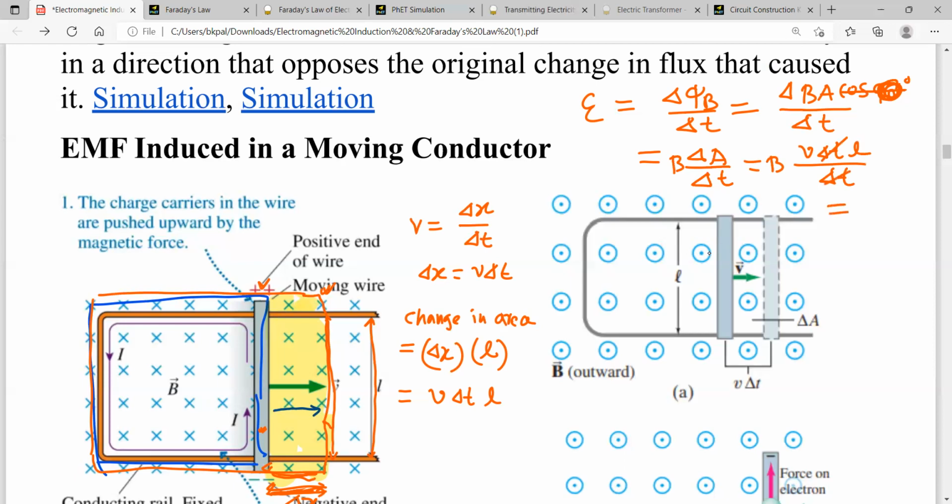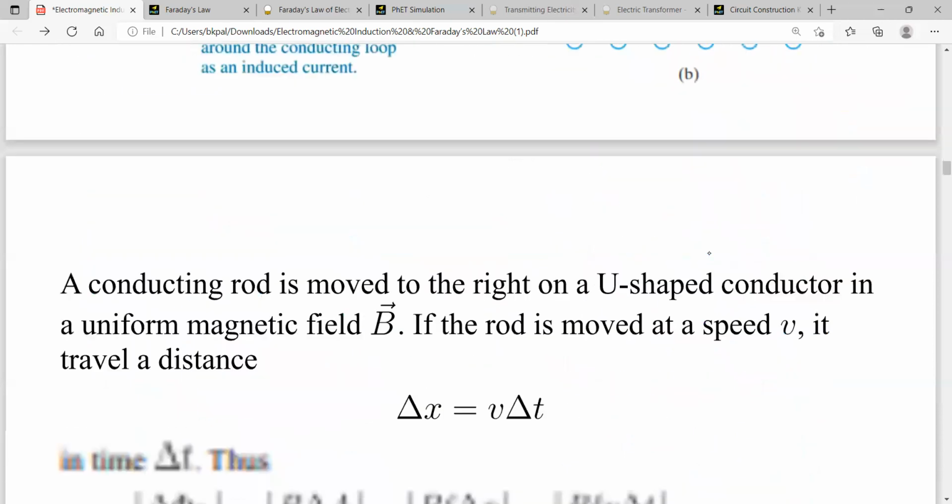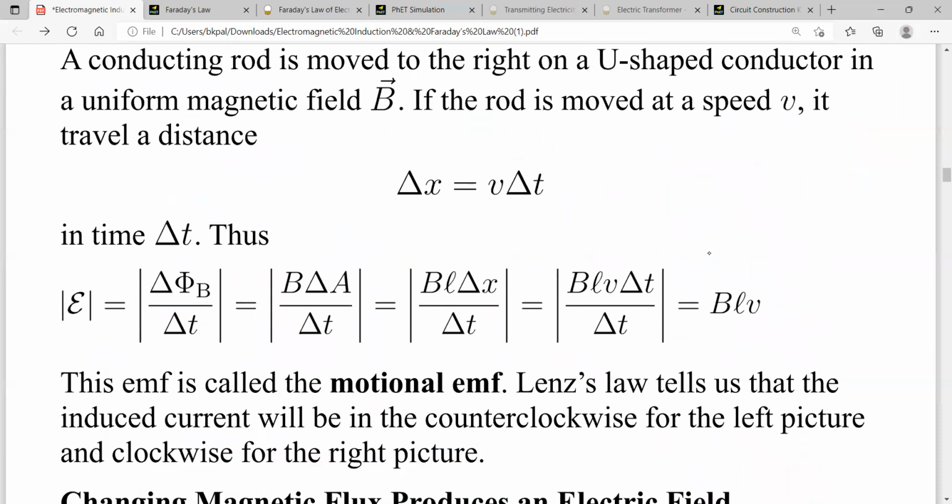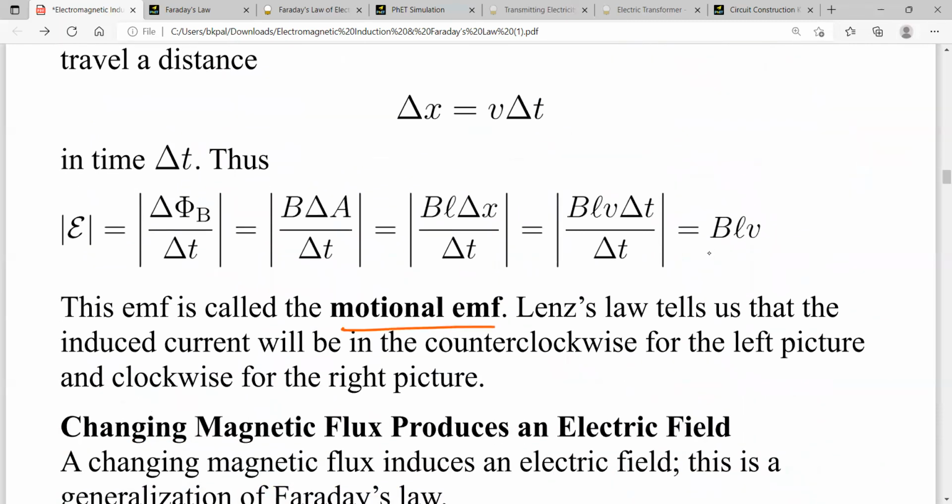So what we get is B v L. So this is the induced EMF here. And we get this EMF because we moved the conducting rod from this position to this position. Okay, and that's why we call this induced EMF the motional EMF. Okay, so in the next slide I discuss all the math. Okay, and this is called the motional EMF.